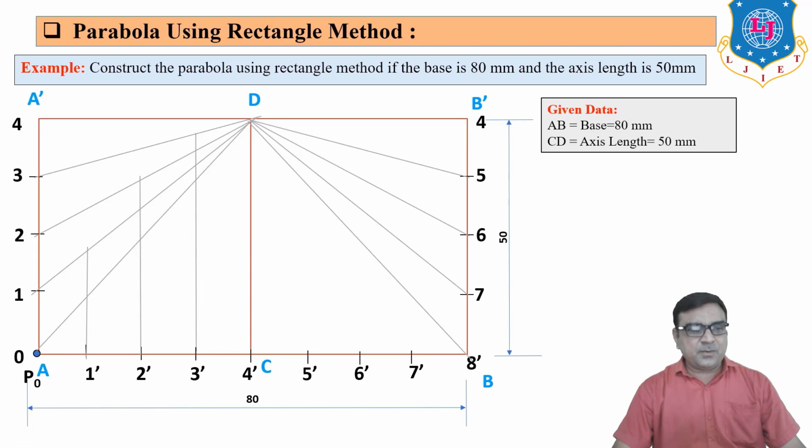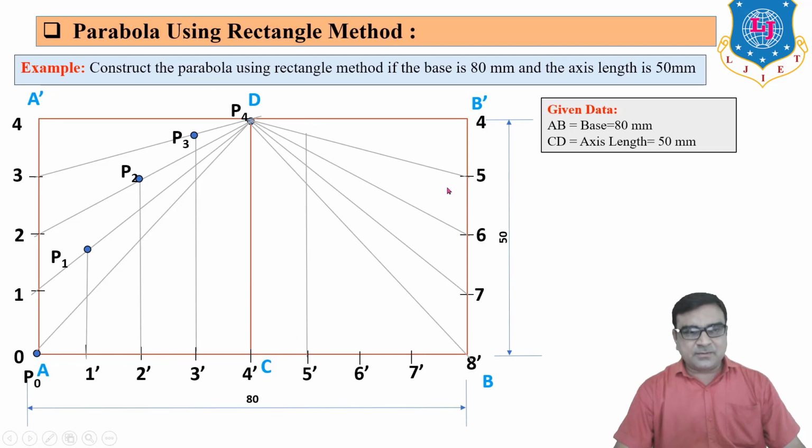Now which is the point of the parabola? A is a point of the parabola, which is denoted by P0. Now P1 is where the vertical line from 1 dash and the line D1 intersect at this point. Again the vertical line of 2 dash and D2 intersect at P2. Similarly D3 and the vertical line from 3 dash give P3. D is denoted by P4.